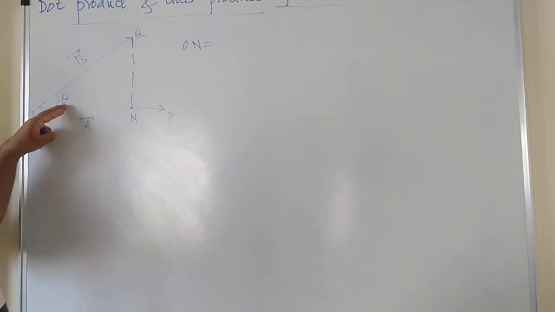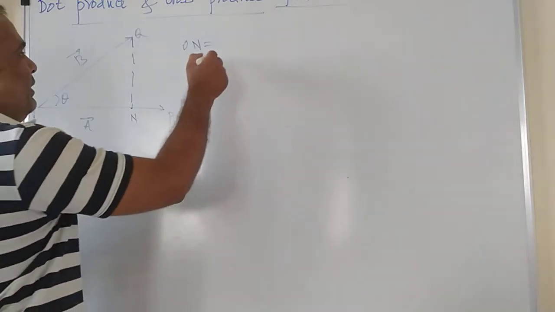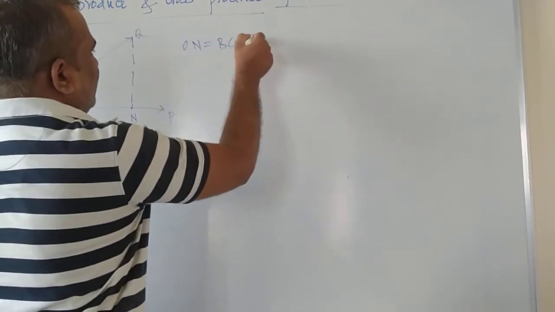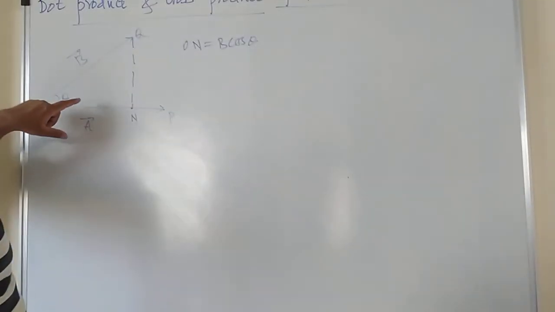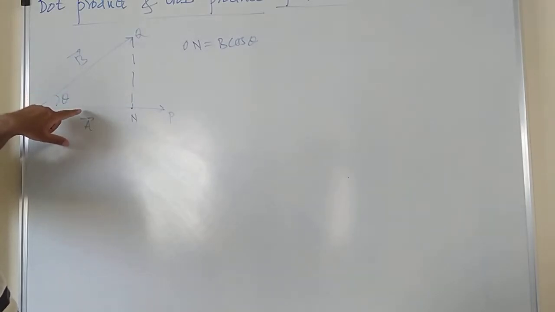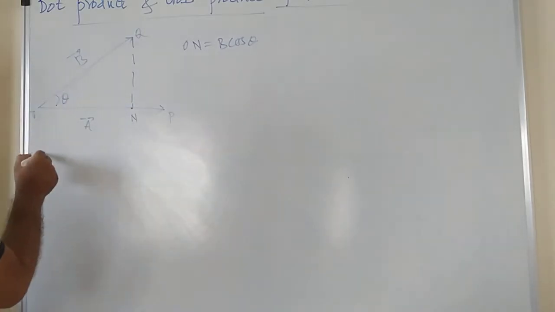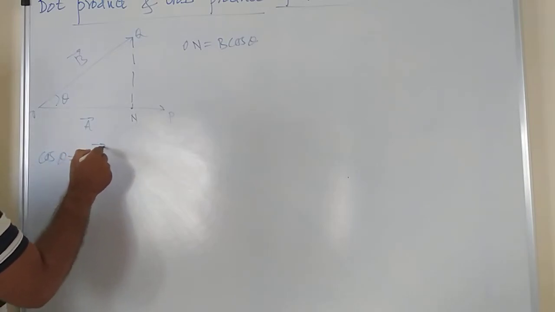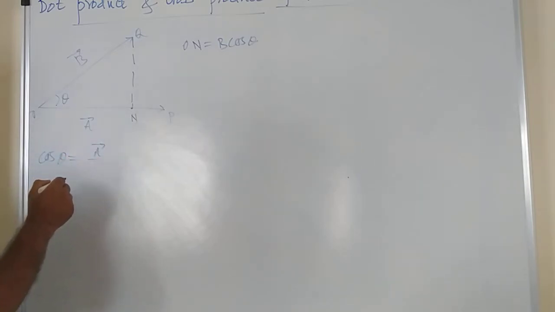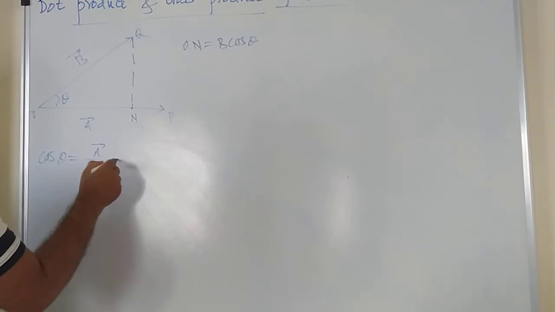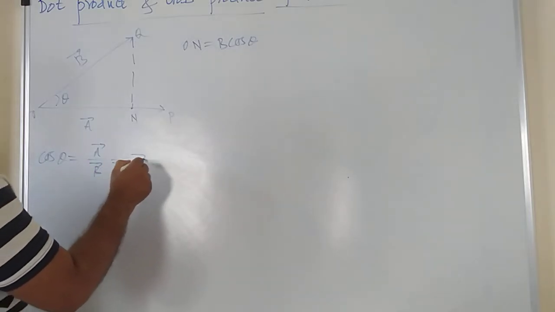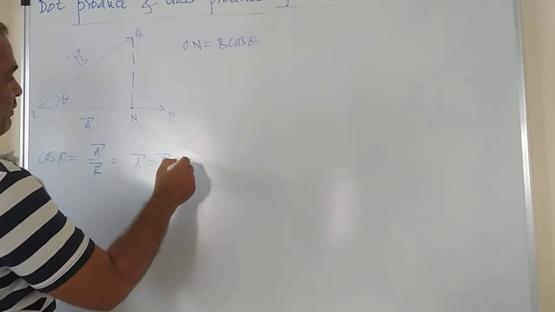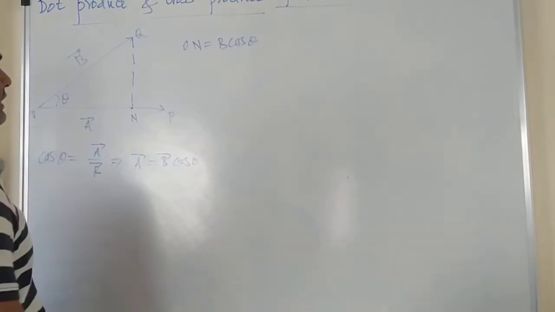equal to how much? Cos theta is equal to adjacent side divided by hypotenuse, so cos theta equals ON divided by B bar, and therefore the value of ON is equal to B bar cos theta.